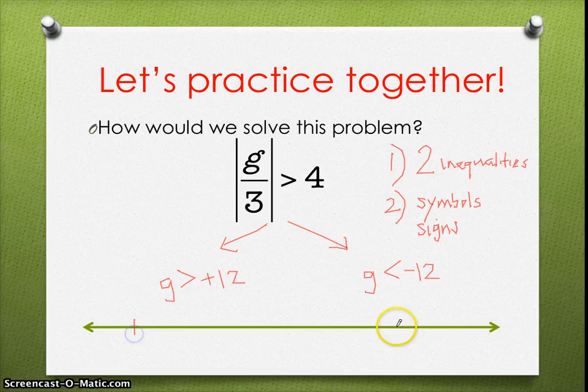So if we graph those 2 points, if you need a 0 as your reference, we have positive 12 on the right and a negative 12 on the left. Less than negative 12 means we're moving to the left, and it's an open circle. Greater than positive 12 is an open circle, shaded to the right.